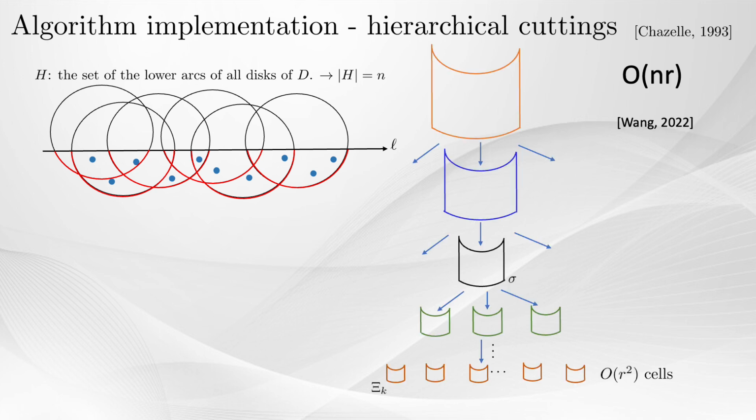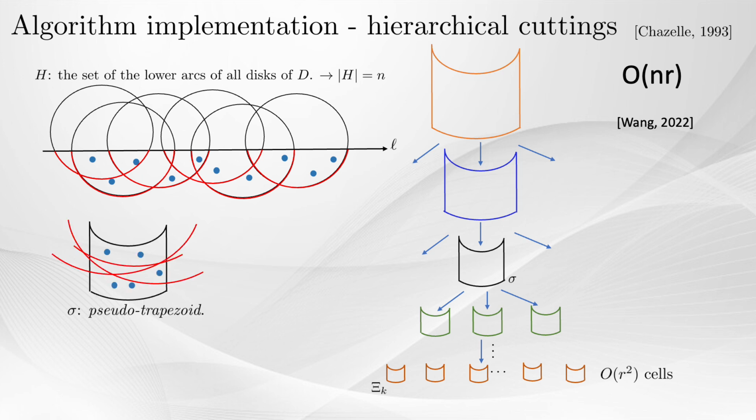Then we use the hierarchical cutting proposed by Wang in 2022. He adapts Chazelle's algorithm for halfplanes. To compute it, the cutting on H takes O(nr) time, and each cell produced by the cutting will be a pseudo-trapezoid. If there is a cell sigma, then we use A sigma to represent all ancestors of sigma.